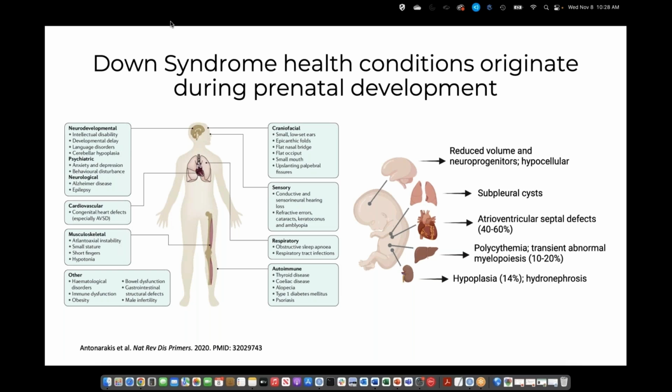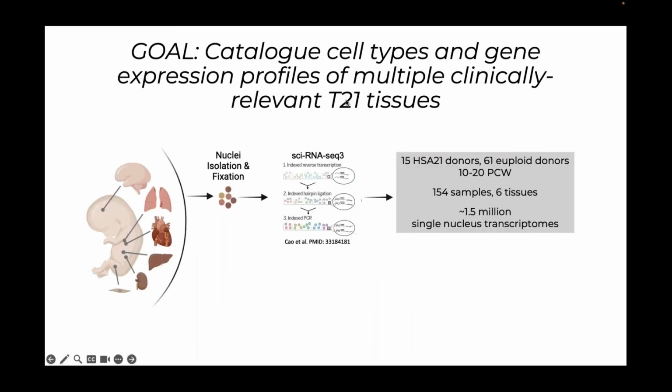And so what I've diagrammed on the right-hand side are just some of the organs that are relative to the clinical manifestations in postnatal individuals on the left with their clinical histopathology identifications within the prenatal period. And so we know that already during the prenatal period in individuals who have an extra copy of chromosome 21, development of many organ systems is not occurring in the correct format.